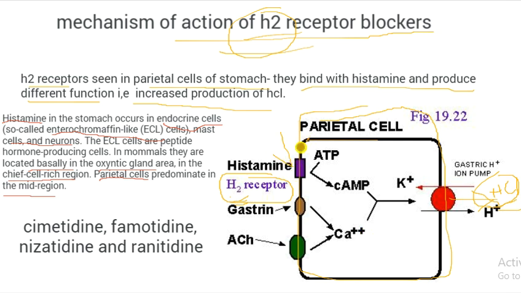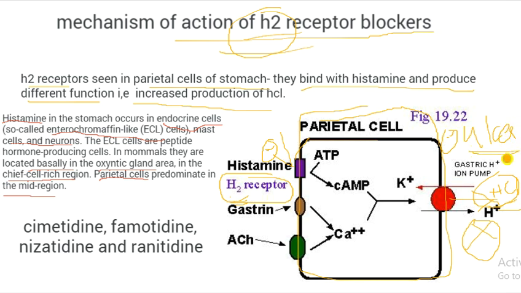So some drugs which can effectively block this H2 receptor will not produce HCl or will decrease the amount of HCl, which is useful for ulcer diseases.